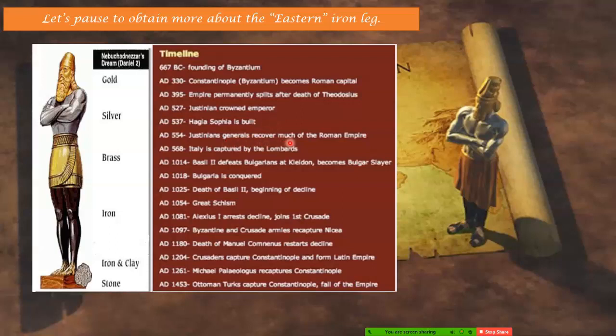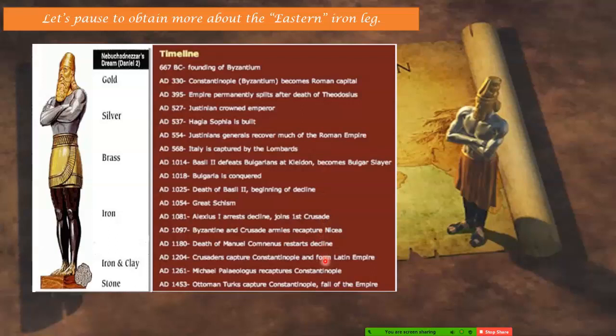Justinian's generals recover much of the Roman Empire. Italy is captured by the Lombards. Basil II defeats Bulgarians. Bulgaria is conquered. Death of Basil II. Beginning of decline. Great Schism. Alexis I. Arrest, decline. Byzantine and Crusade armies recapture Nicaea.